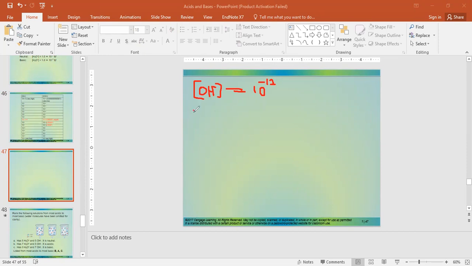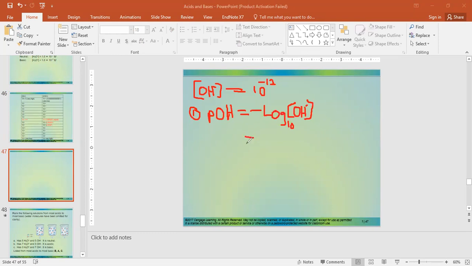Number one, calculate what we call pOH, which is equal to the negative log to base 10 of the concentration of OH. Remember, when we say pH, here we are putting H. But when we say pOH, here we are putting what? OH. Can you see that?